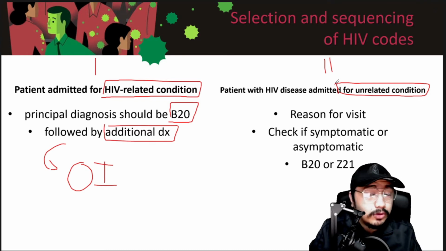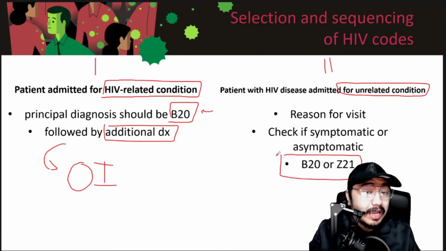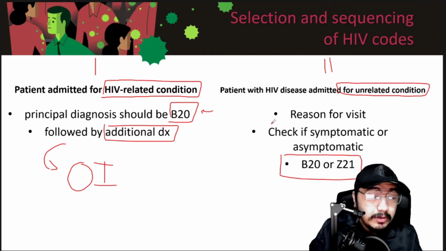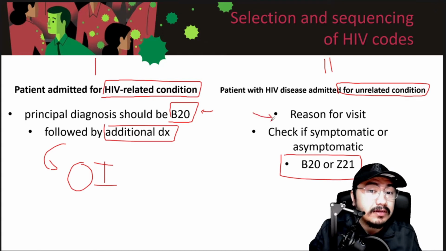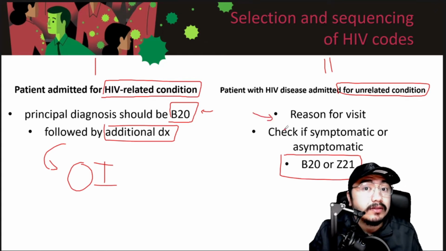So instead of coding B20 or Z21 as your primary diagnosis, it's going to be your secondary. The first code you will be entering is the reason for the visit, so for example, in the scenario earlier, the fracture. That's how you will be doing it.